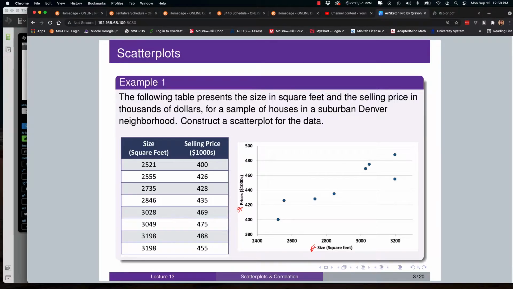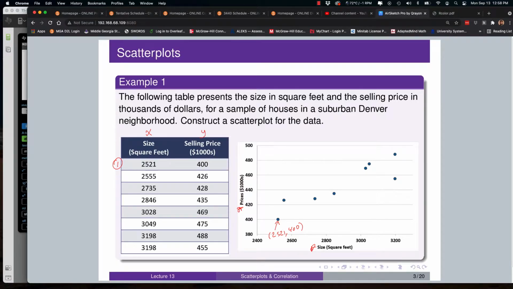This point right here, for example, represents the first point in the data set: 2521 on the x, and 400 on the y. Each one of those represents one of those rows of data. This is usually x, and this is usually y.